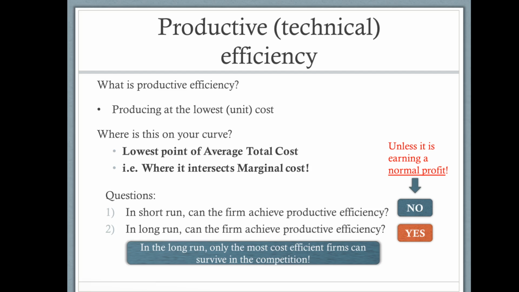So at the end, the most cost efficient firms will stay in the market. That is productive efficiency. All right, any questions?